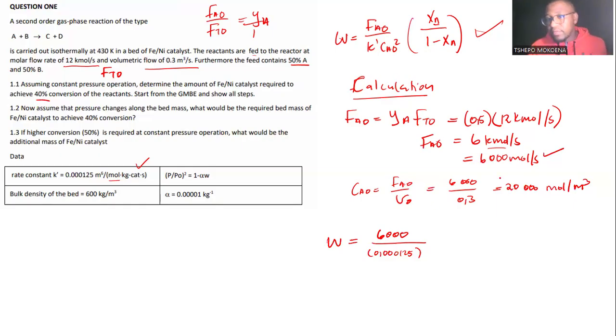You can do everything correctly, but your units will not give you the correct answer if you're not careful about that. And then the concentration of A is 20,000. We put our 20,000 right over there. And then squared, let's not forget squared, and then our conversion is 40%, which is 0.4, divided by 1 minus 0.4.